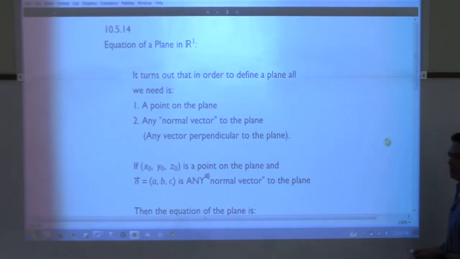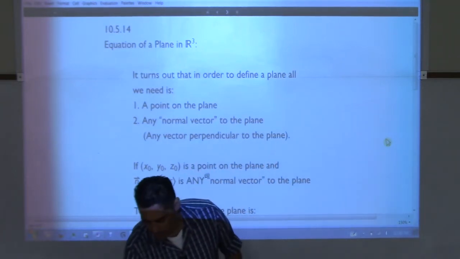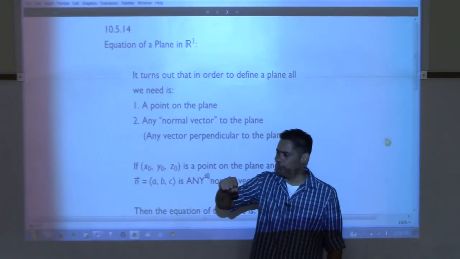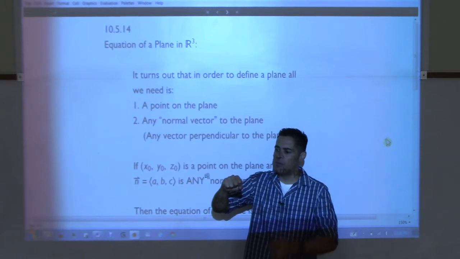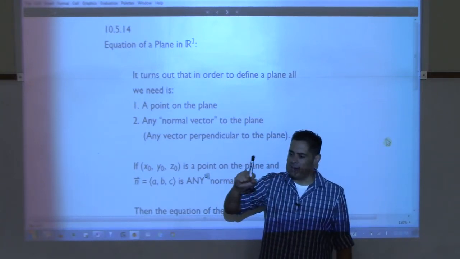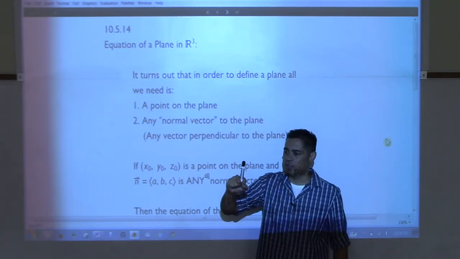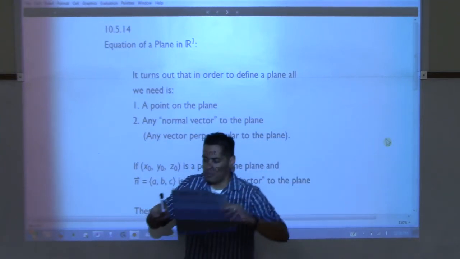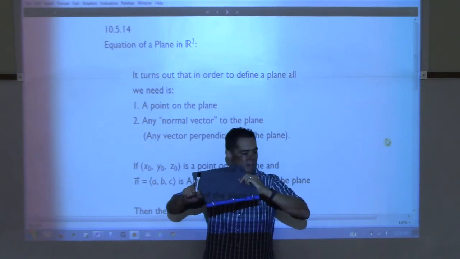And why is that? Let's think about this. Let's say I have a point in space, right? That doesn't define a plane. But now I give you a vector. Does that define a plane? Yes. If I tell you that that vector is a normal vector, there's only one plane that I can put in here that's going to cross through that point and be orthogonal to that line.